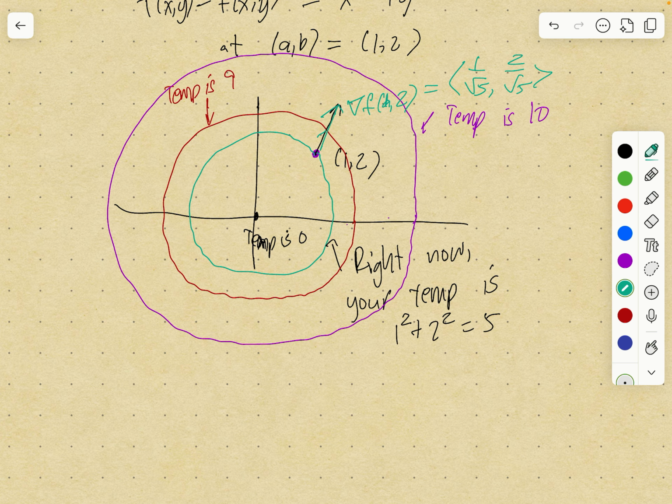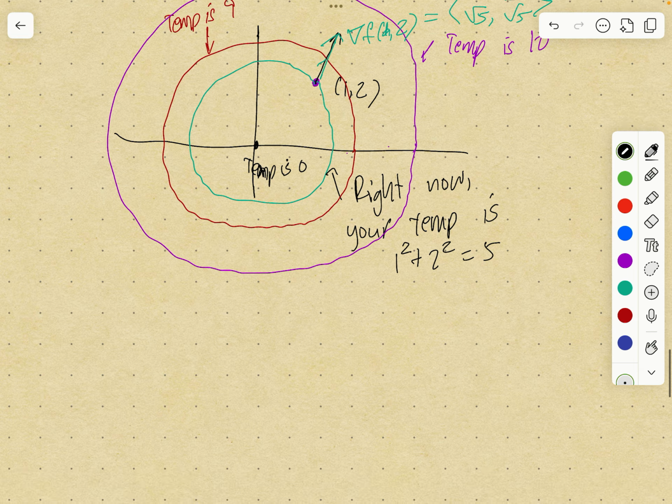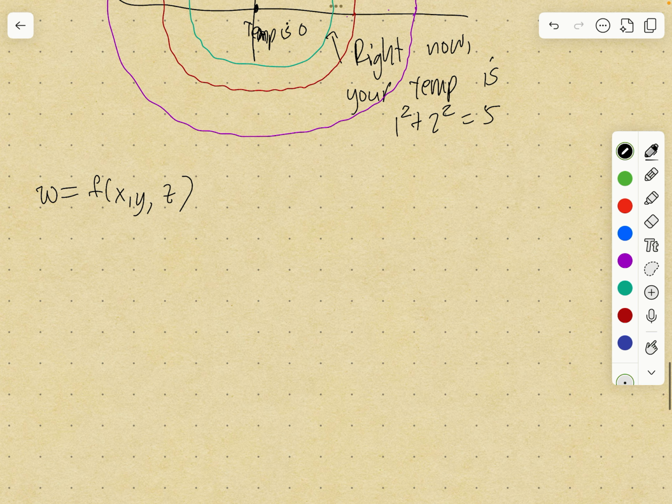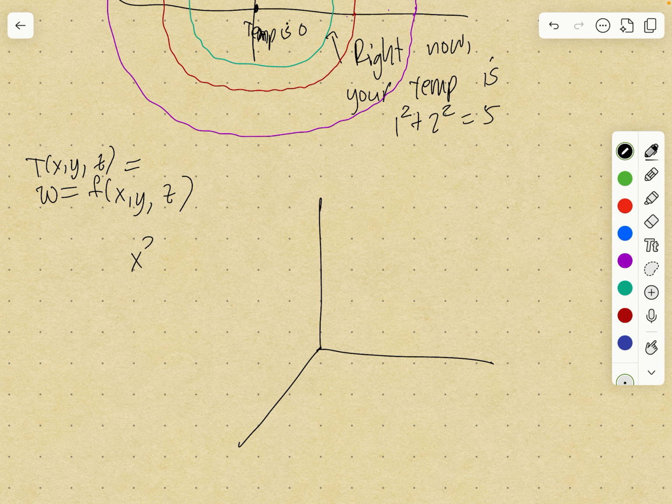So hopefully, if you're confused about where the gradient is, this point of view clarifies things a bit more. And when you're looking at functions of 3 variables, w equals f of x, y, z, then the gradient does make more sense. So now you think of a bug that's flying. This is your temperature at x, y, z. So pretend that it's x squared plus y squared minus z squared or something.